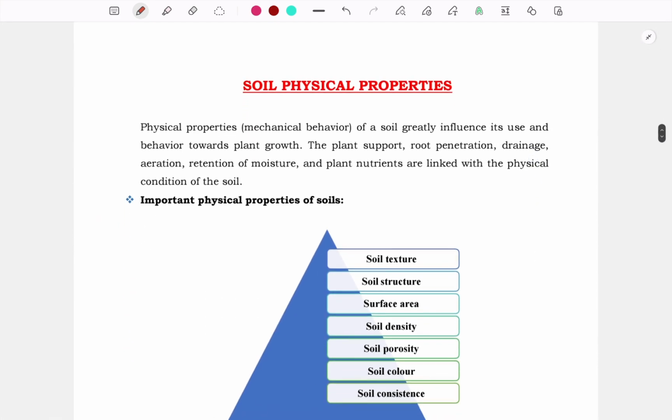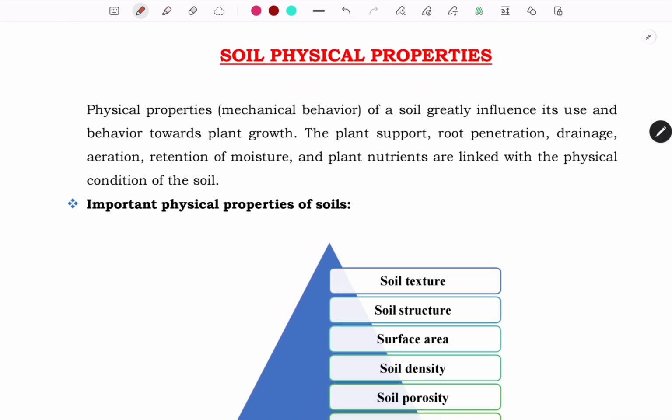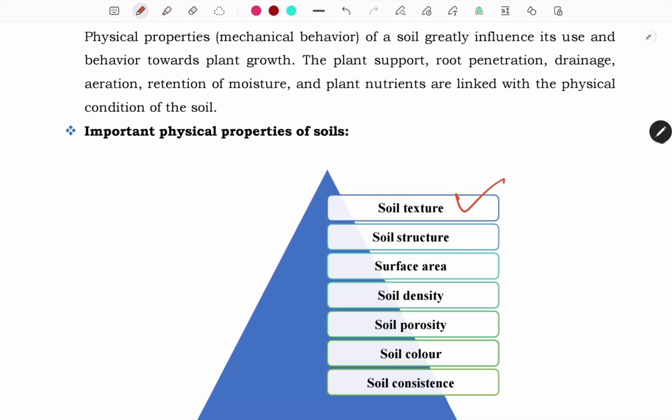Next we will discuss the physical properties of soil. There are many physical properties like soil texture, structure, surface area, soil density, soil porosity, soil color, and soil consistency.